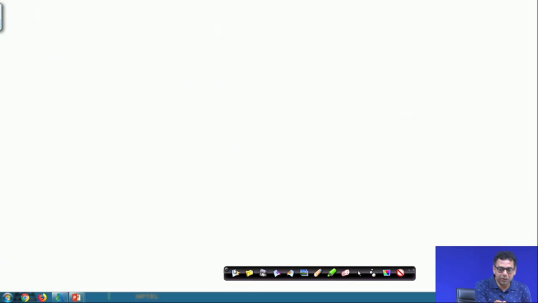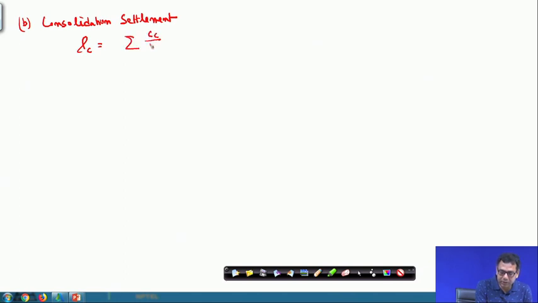So, now I will do the next part, that is consolidation settlement. Okay. So, the consolidation settlement expression is Cc by (1 plus e0) into H into log10 of (P0 bar plus delta P) divided by P0 bar, where P0 bar is sigma 0 bar.